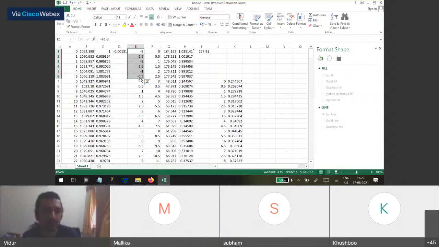Because otherwise it will be -3. So what you have to do is paste the values, which will actually paste as you see. Yeah. So once you have this, now what we are doing, -3.